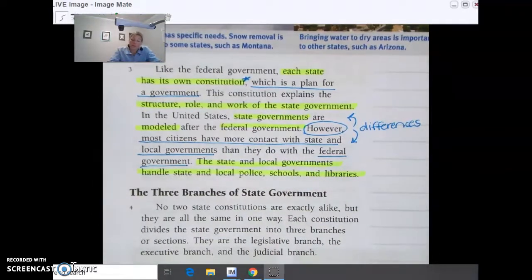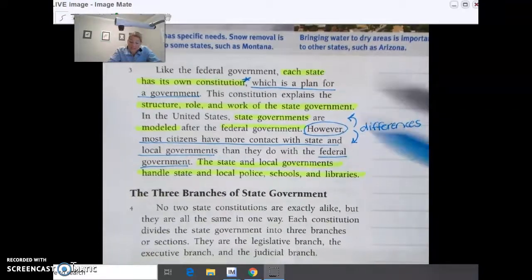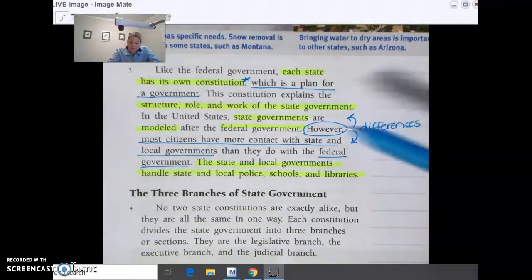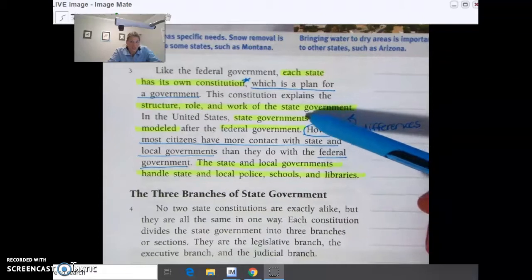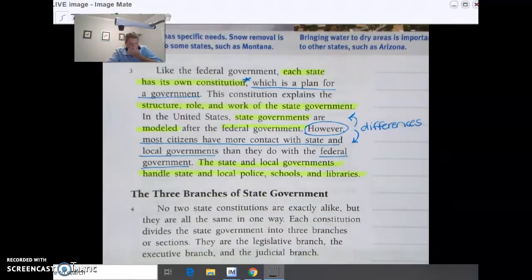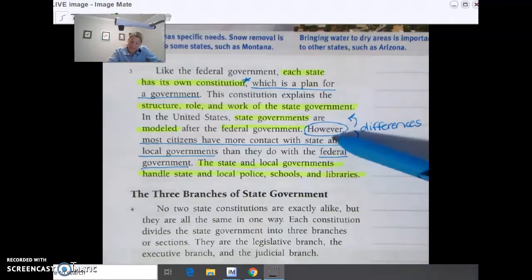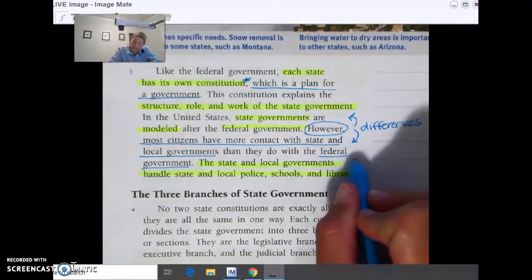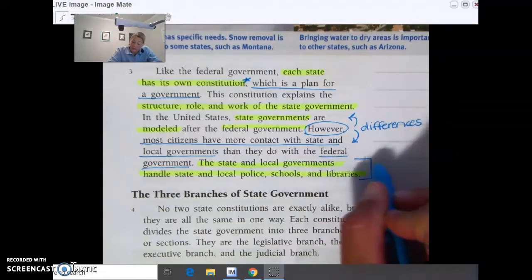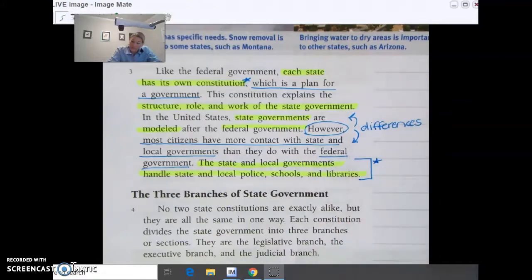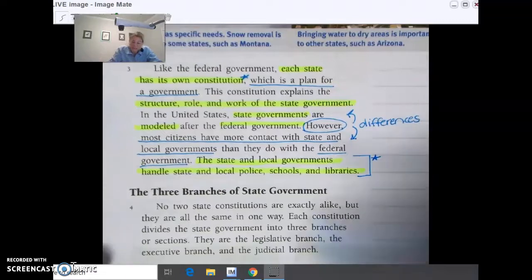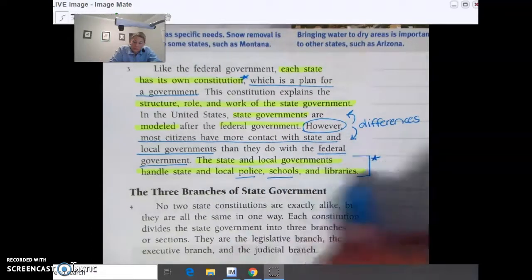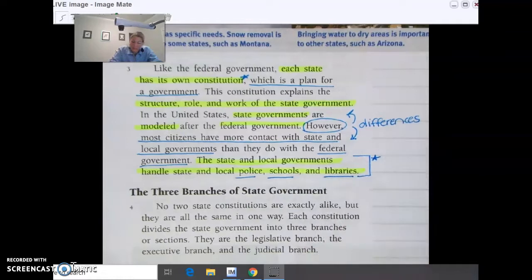So, what we've learned in this paragraph is that each state has its own constitution. We learned what that means. A constitution is a plan. And that most citizens have more contact with state and local than federal. Okay, and then we learned here what these state and local governments do. We learned that that's the government that handles our state and local police, schools, and libraries.